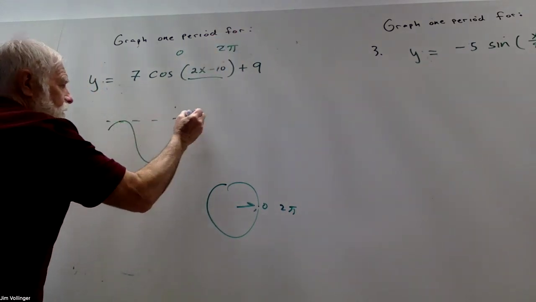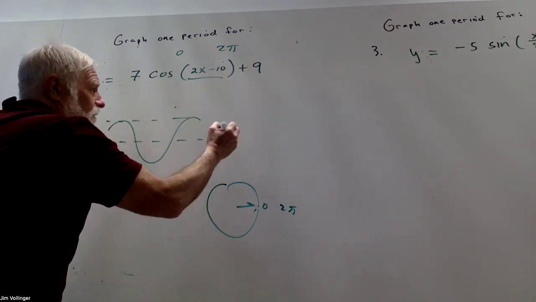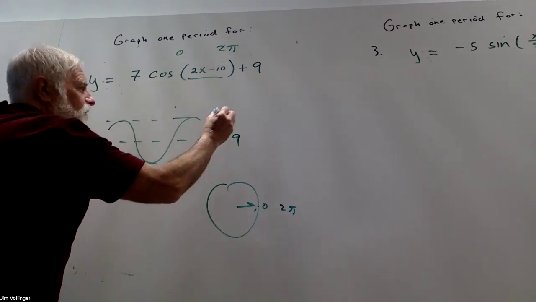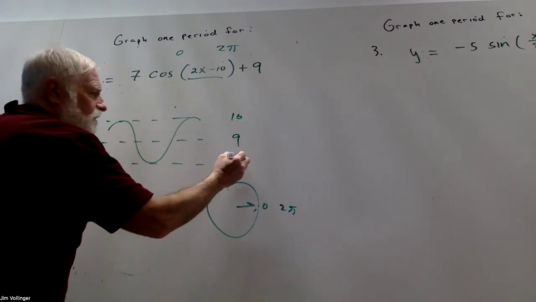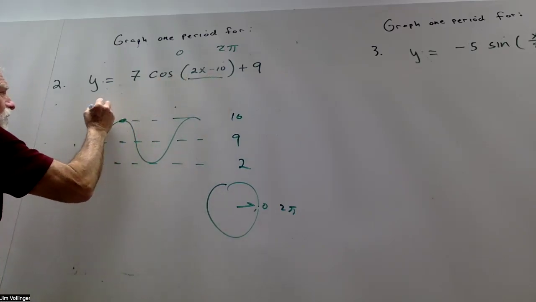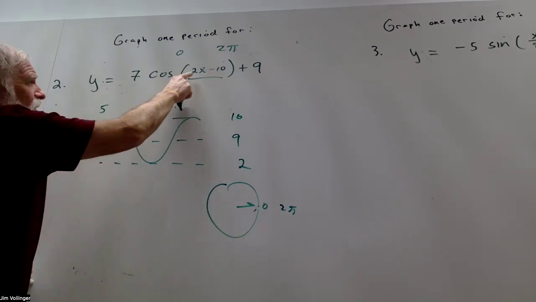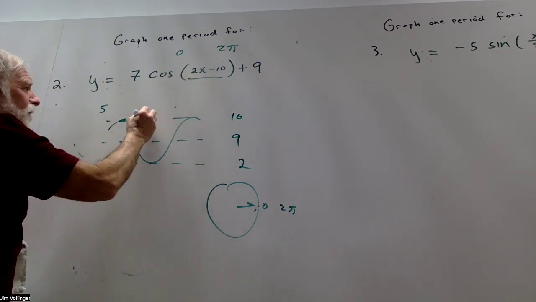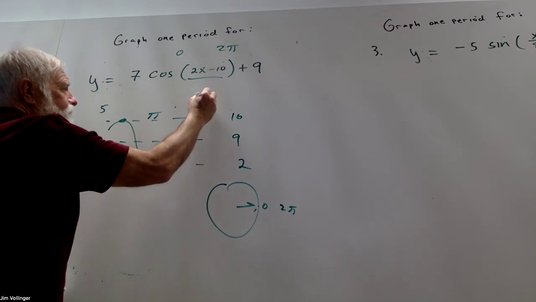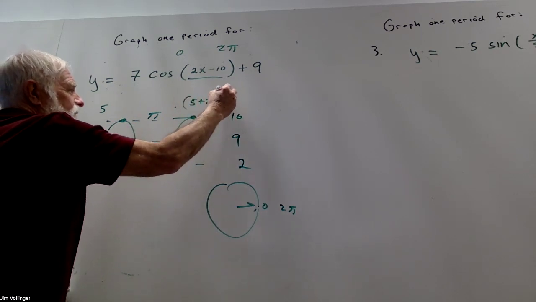The range, midline, I'm talking about this now in other videos. 9 going up 7 takes me to 16, down 7 takes me to 2. And I'm going to start here with setting this to 0, which happens at 5. And I know if I divide 2 into pi, my period's going to be pi. So this is going to be 5 plus pi, bringing me back to 16.